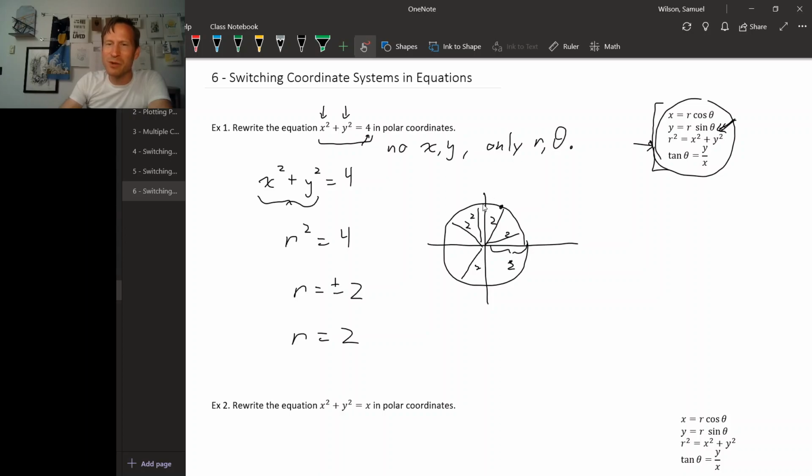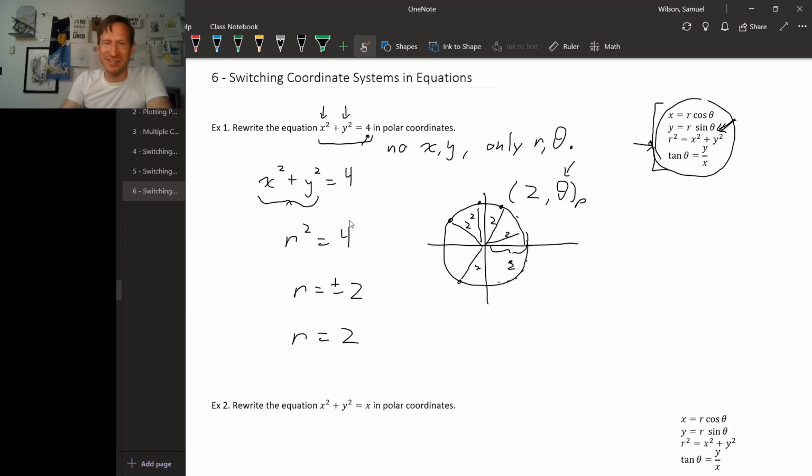And so every one of these points on this circle will have polar coordinates r equals 2, and theta is, well, something. What theta is depends on where you are around the circle, but all of the r coordinates on this circle are 2. And so every point along this circle satisfies the equation r equals 2 because the r coordinates are all 2. So this makes perfect sense.